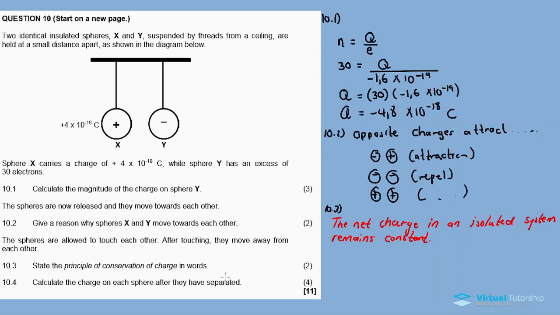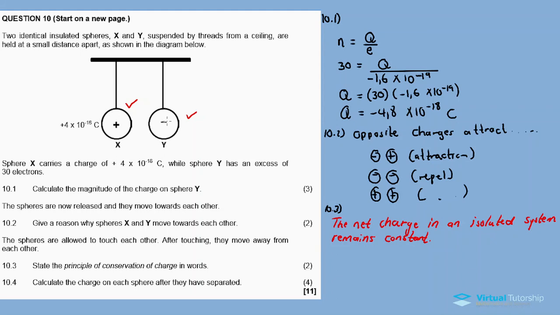If you take two spheres with opposite charges and join them, the spheres will share electrons in such a way that the electrons transferred to Y become the same as the electrons in X. Since sphere Y has more electrons than sphere X, when they touch, electrons move from the negative to the positive, so there is a flow of electrons.